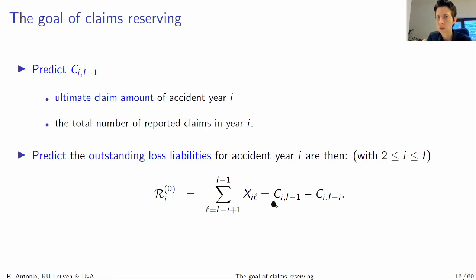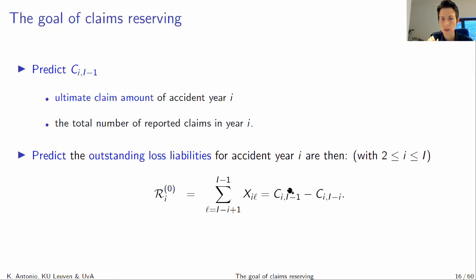But if you ask what the outstanding amount is for an accident year I in the cumulative display, then I look at the final cell in my cumulative display and subtract from it the most recent cell that I observed, the last cell observed on this particular row, on this accident year I. So my job is either to give a prediction for these cells or to deliver a prediction for this one. Be aware that this number here is a cell on the most recently observed diagonal, so it is known.